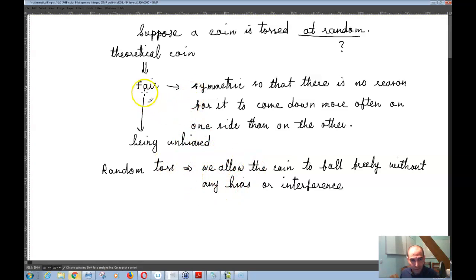But when we talk about a coin in theoretical probability, we want the coin to be a fair coin, an unbiased coin, meaning that it has no reason to come down more on one side than on the other side.